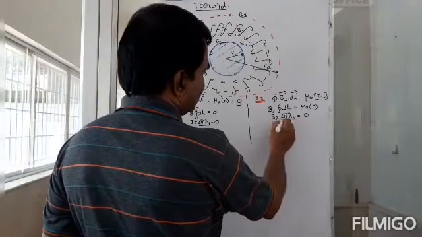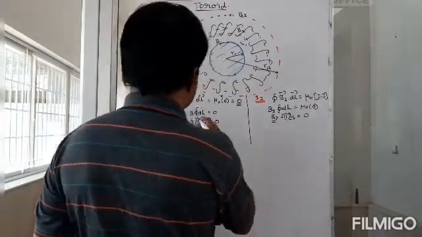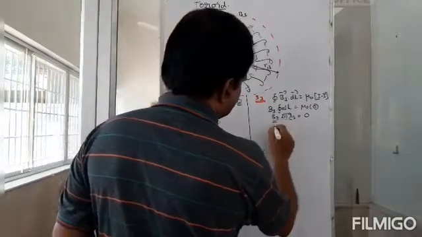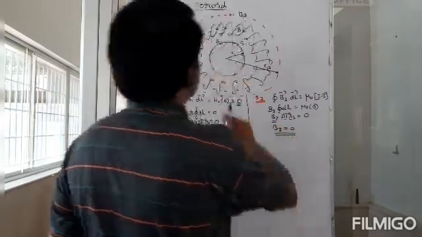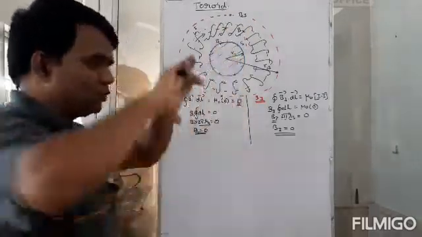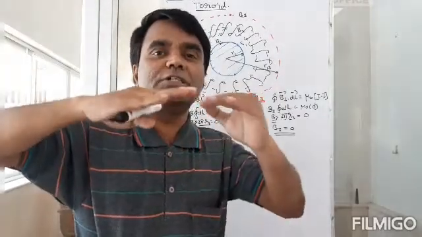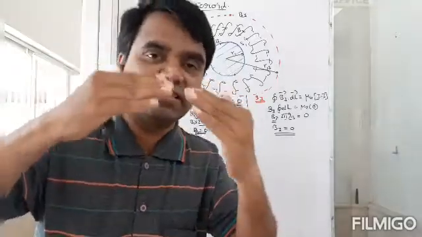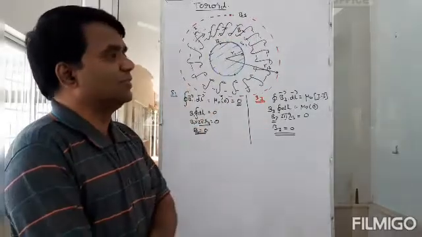Again, 2 is not 0, pi is not 0, R3 is not 0. So B3 must be 0. So here again we'll say B1 is 0, then here B3 must be equal to 0. So there is no B here or here. Once you have a toroid, there is no B outside the toroid, and also there is no B inside the toroid, or inside of the outside of the toroid. So both B1 and B3 will be 0.